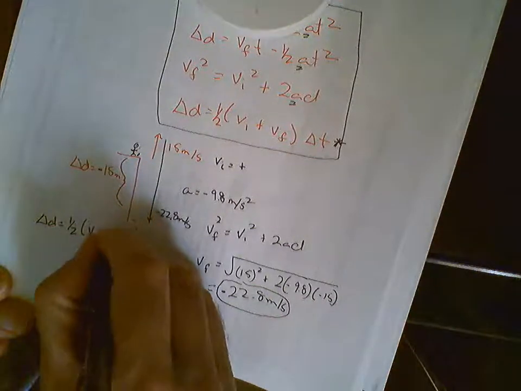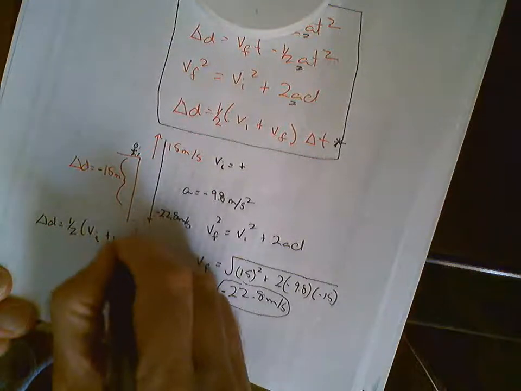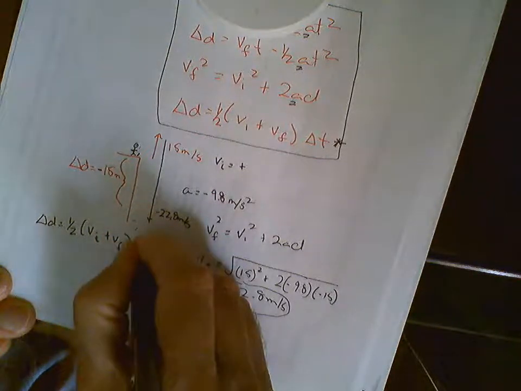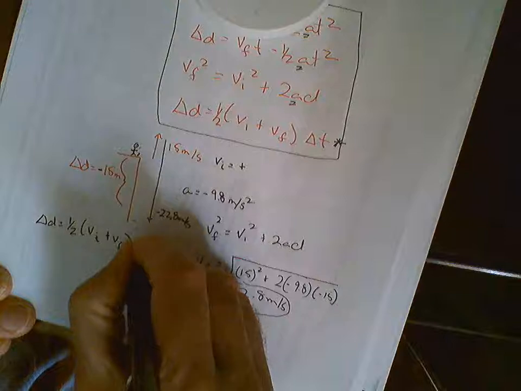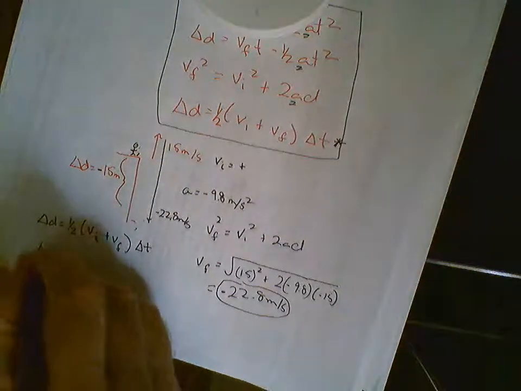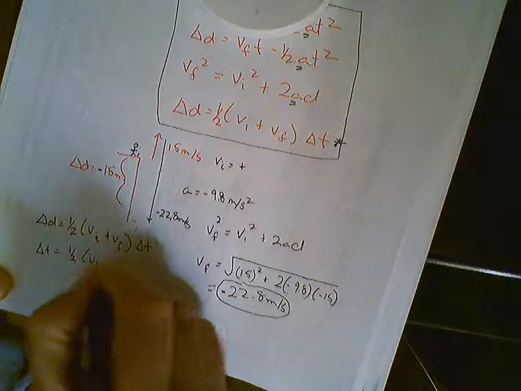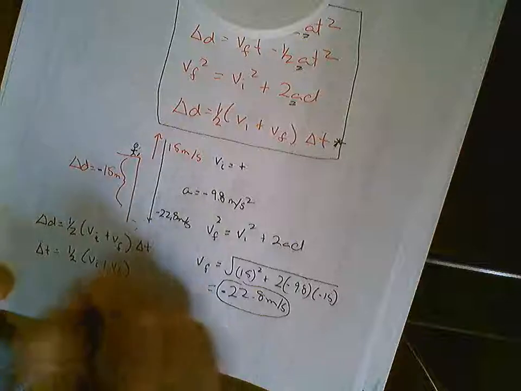But I am going to do this, VI plus V final, and that's delta T.